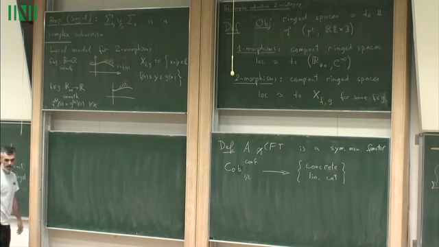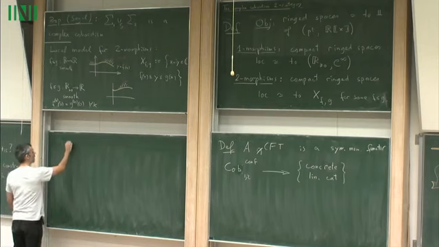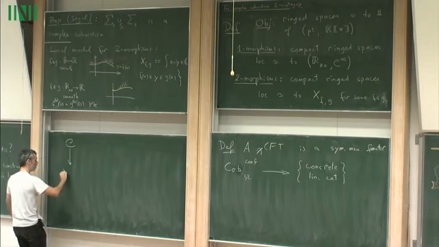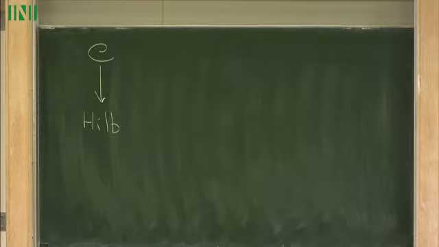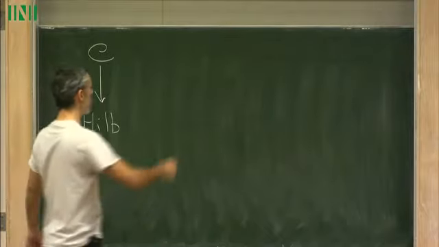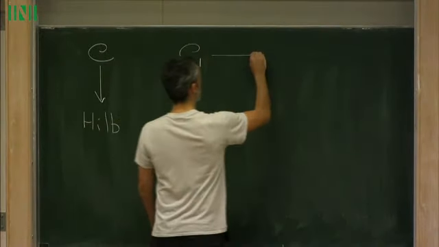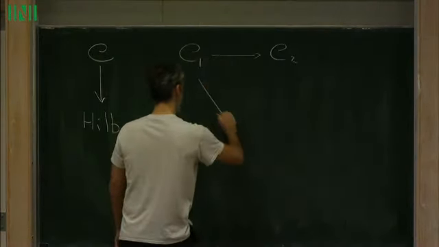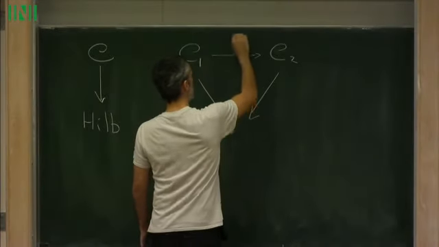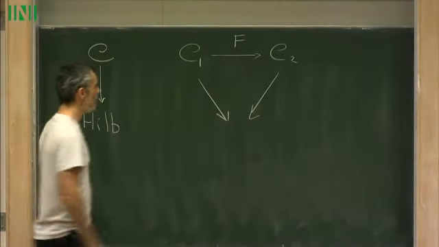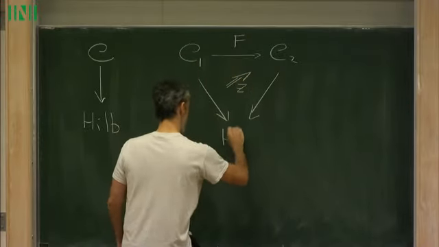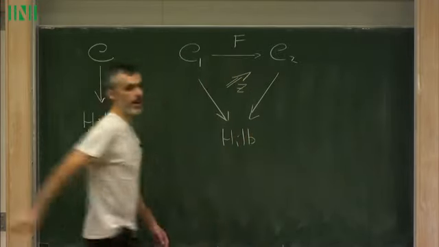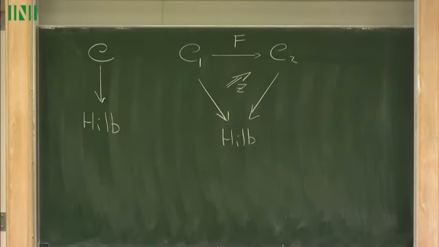But let me first say that a concrete linear category is a category equipped with a faithful functor to Hilbert spaces, and a morphism in concrete linear categories. If I have C1 and C2, it's going to be a functor plus a natural transformation. I'm going to call it Z. And then you can imagine how this becomes a category of these things.